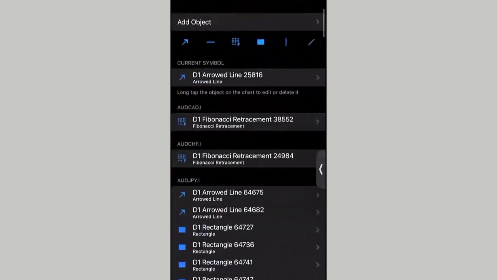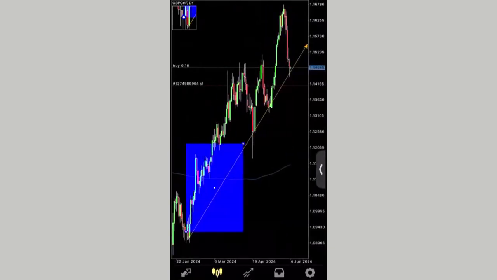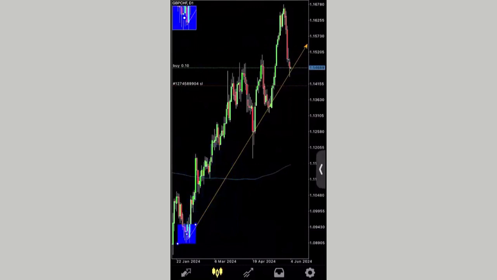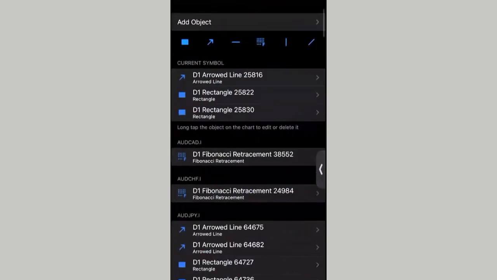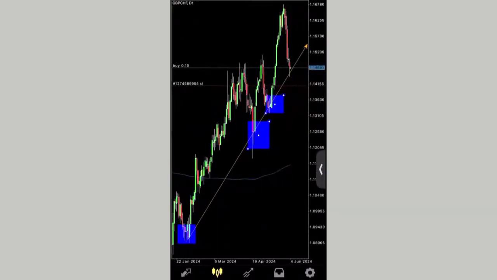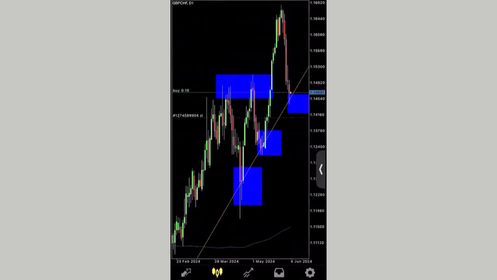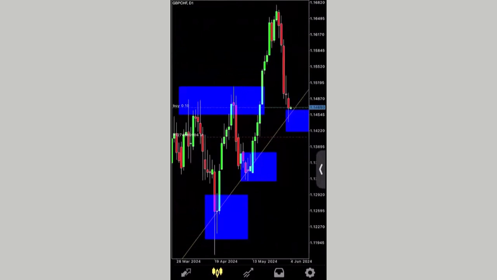The market started from here, created a low right there, created another low over here, and another low, broke that low over here, went up, and then came back to create another low in the market. And then we use the Fibonacci to look for our key levels on where to enter the market.